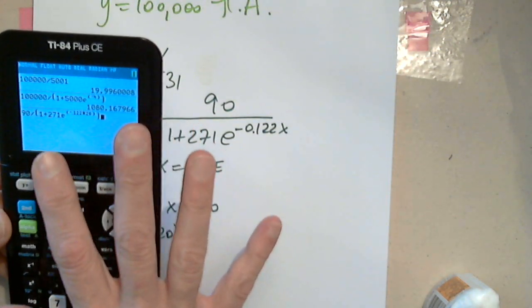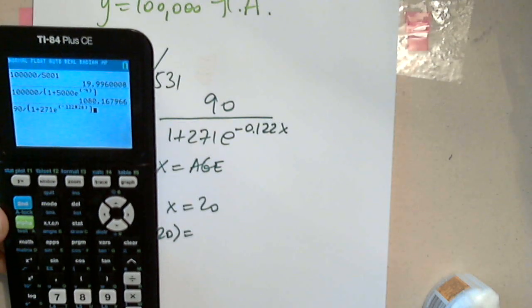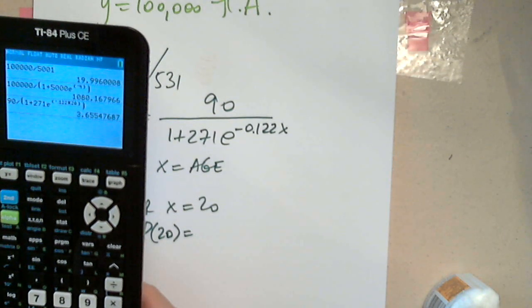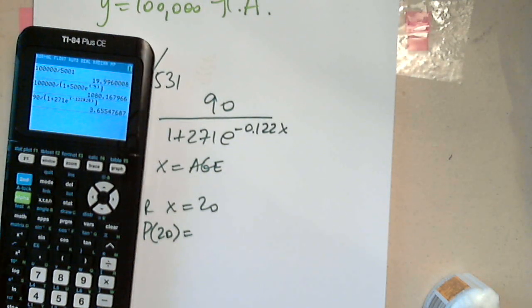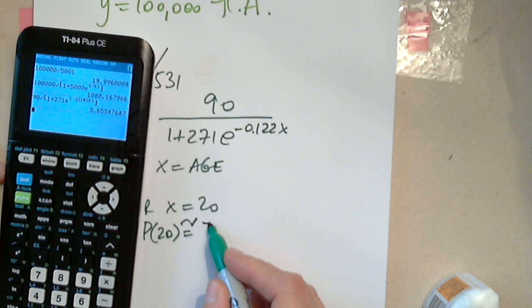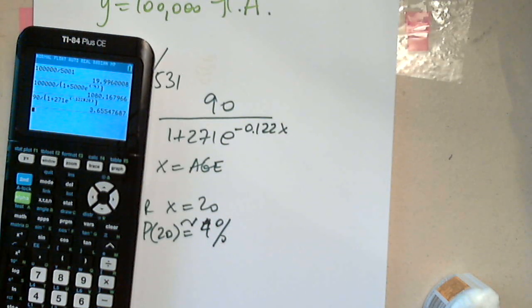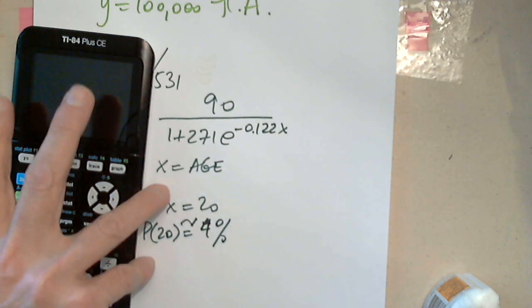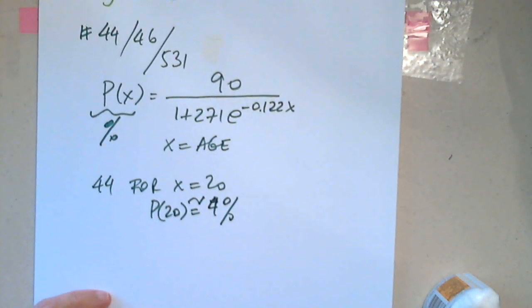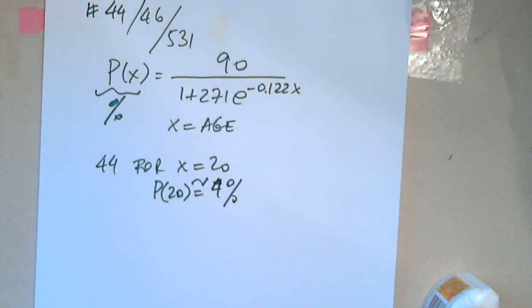It may not require parentheses around the power, but I always like to be cautious with that. So about 4% of the 20-year-old age group have some coronary heart disease.